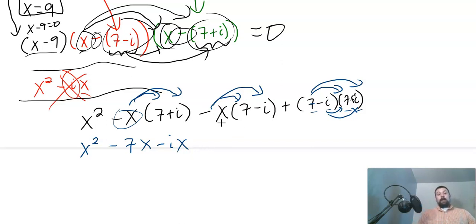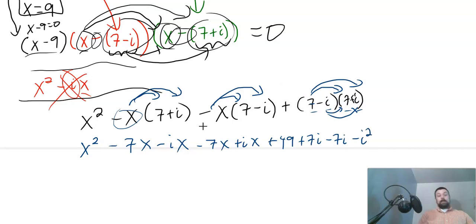Here we distribute the negative x, we get minus 7x again, and the negative x times negative i makes that a plus ix. And then here, when we FOIL, we get 7 times 7, which is 49. 7 times i, which will be positive 7i. Negative i times 7, which will be negative 7i. And then negative i times i, which will be negative i squared.